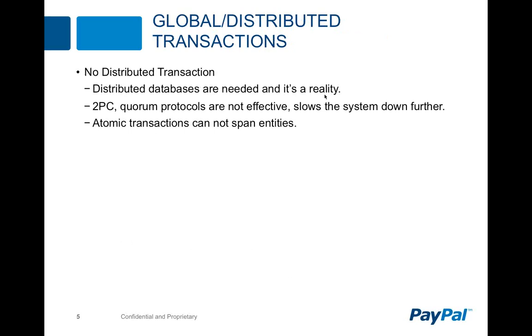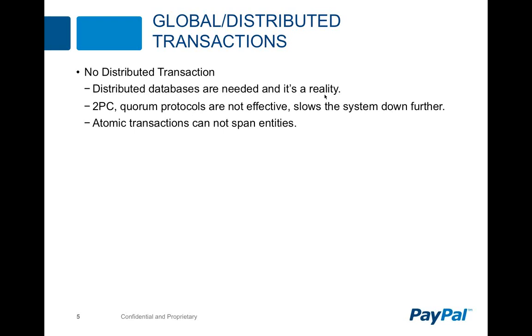What it means is that in today's systems, you just cannot afford to do any kind of distributed transaction. Any application that tries to do distributed transactions is bound to slow the system, and it's bound to have a bad user experience, or it just will not scale. It just will fail.